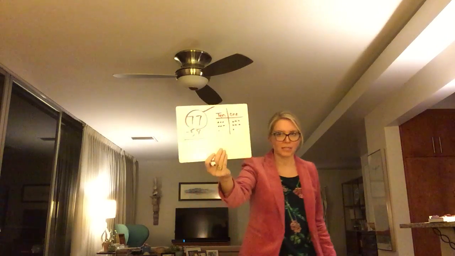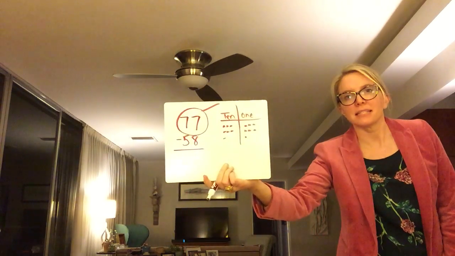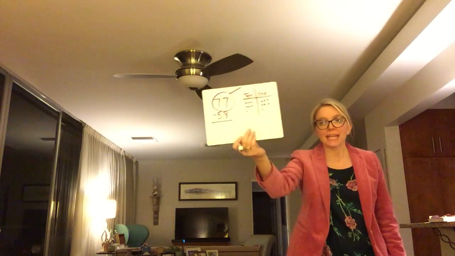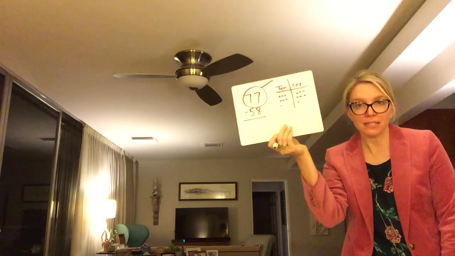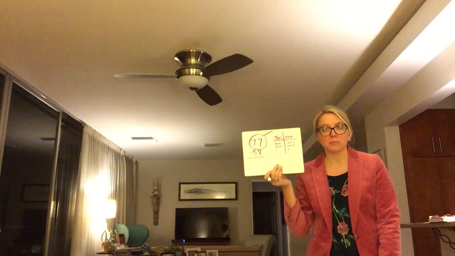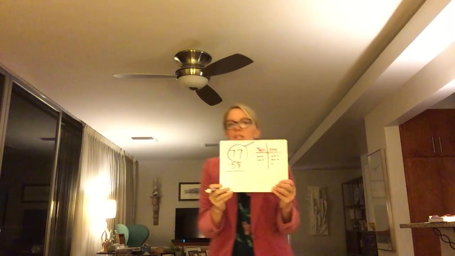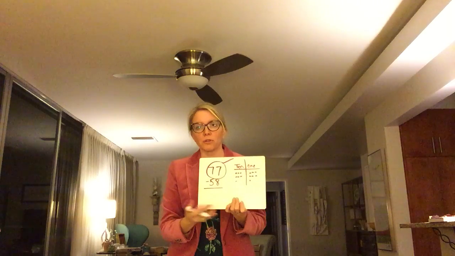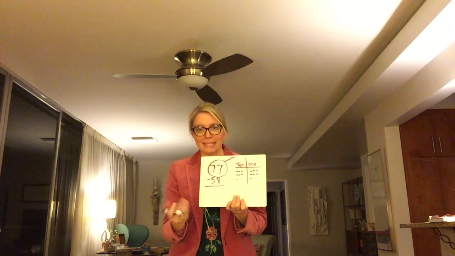So in a place value chart, the problem should look like this: 7 10s, 7 1s for 77. So once the student has fixed this error, you want to prompt them with some questions, such as, show me where you got the 1 from, how you crossed out 8.